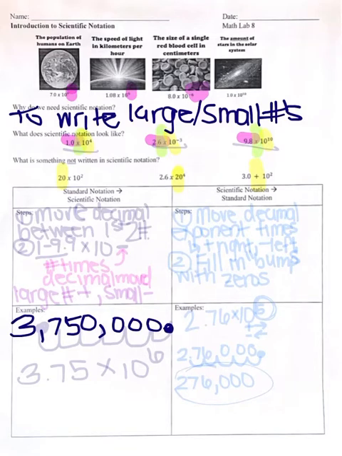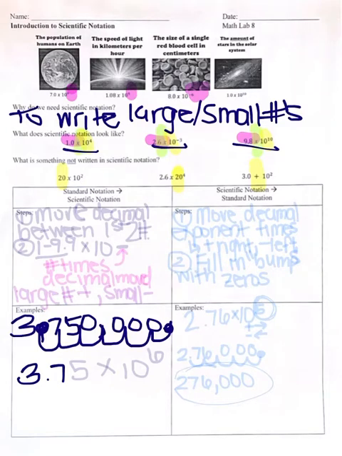Now, if you look at the 3 examples we have up here of scientific notation, this number is between 1 and less than 10. So we're going to move that decimal until it's between the first 2 numbers we see, 3 and 7. So that makes it 3.75.